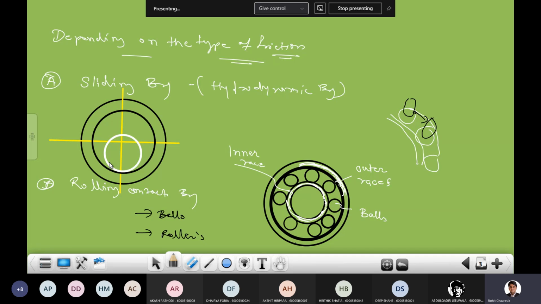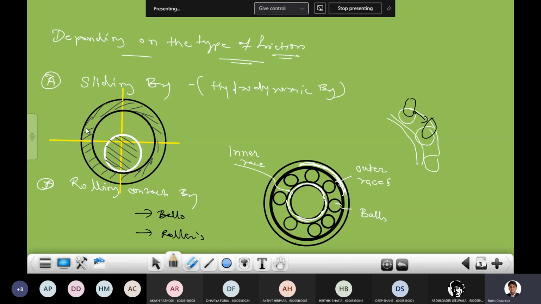If you're not getting any point, then please ask me. I'm just making the rough diagram. Okay, so here we have 2-3 parts and those parts are very important.